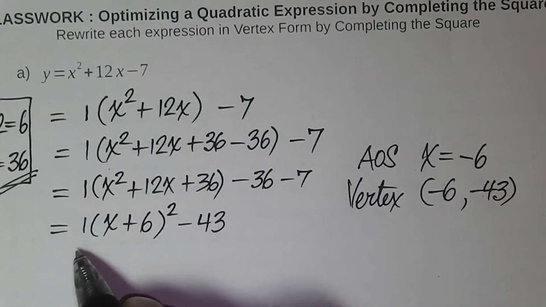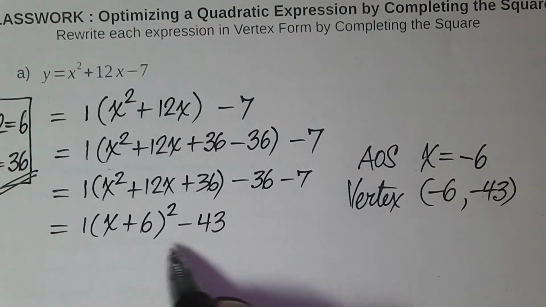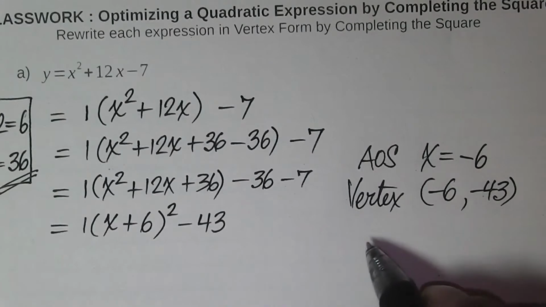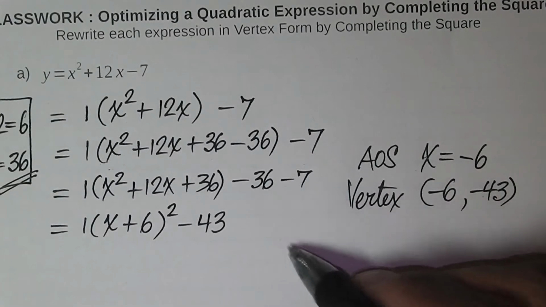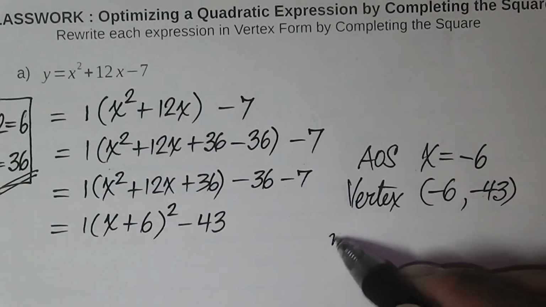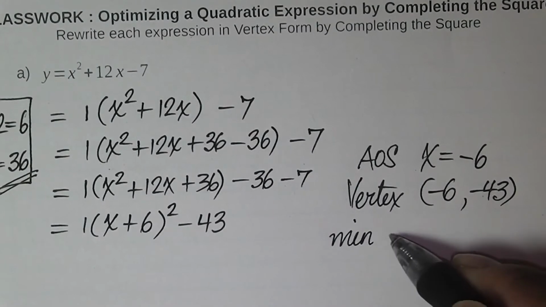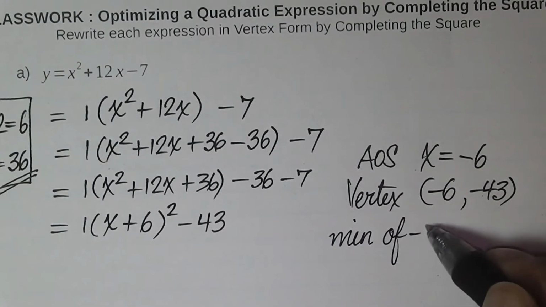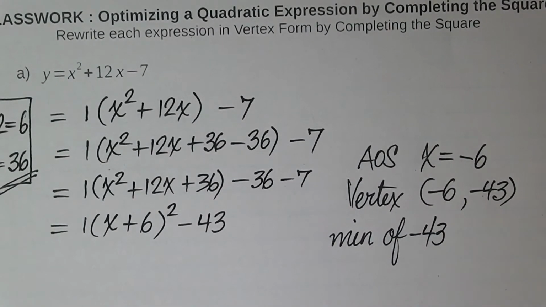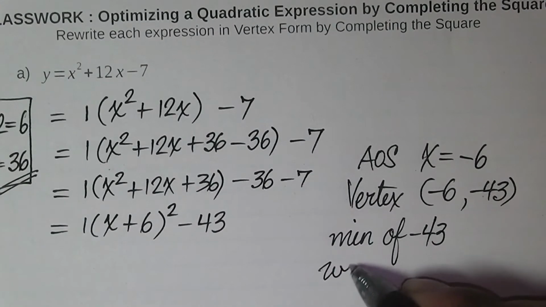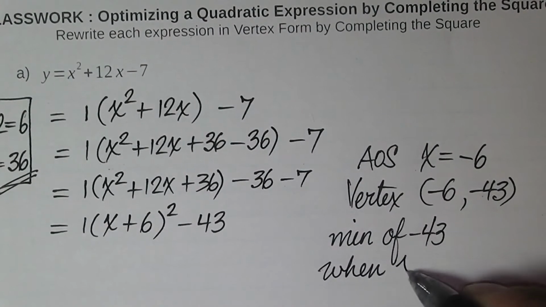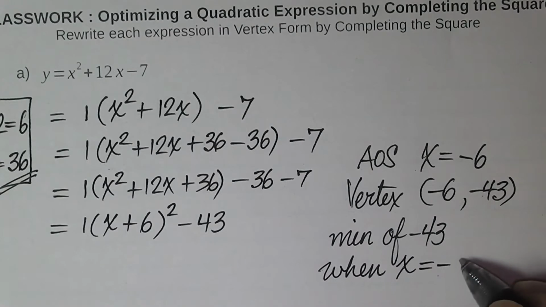There's a positive 1 outside, so this parabola is opening up. Because it's opening up, it's got a minimum of negative 43 when x equals negative 6.